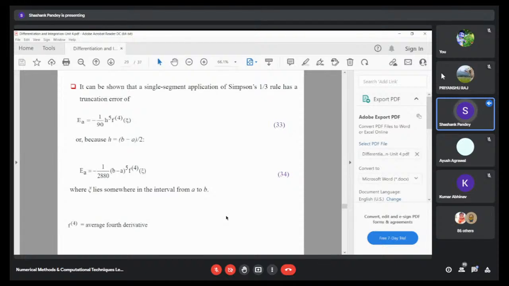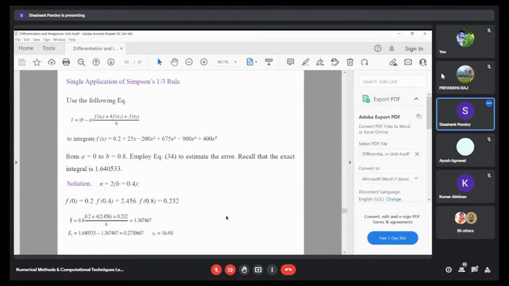We can easily calculate it, and the expression given for the approximate error in terms of h may also be expressed in terms of a and b, or x0 and x2, that is the extreme points. So this is represented by equation number 34.